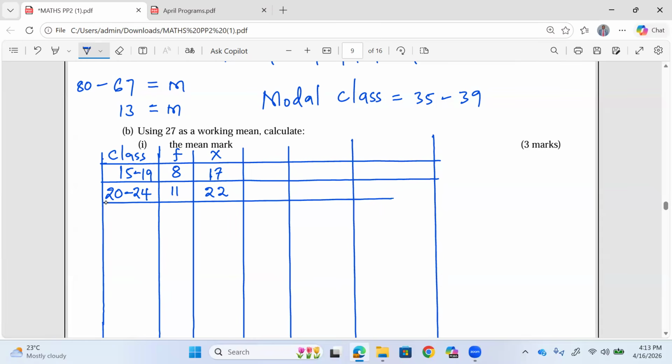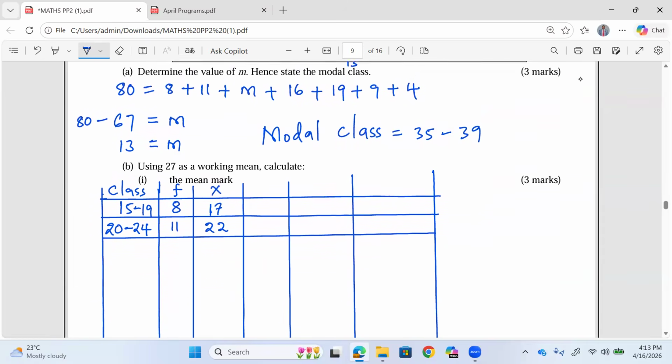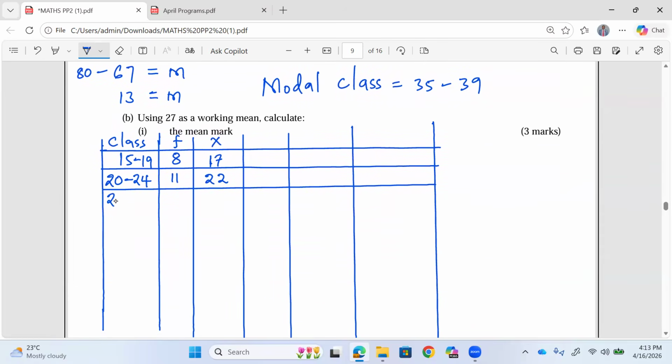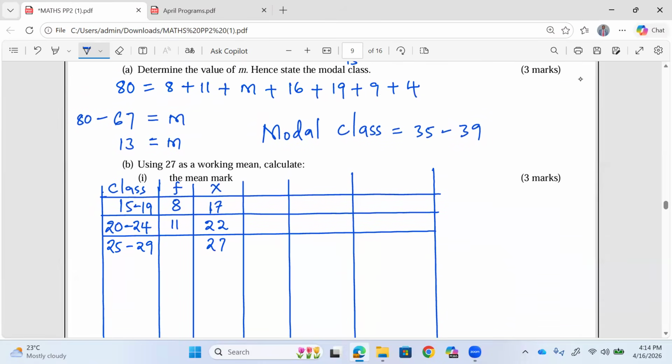Then the next class is 25 to 29. 25 and 29 divided by 2 gives us 27. So the midpoint x is 27, and the frequency there is 13, the 13 that we've already calculated.